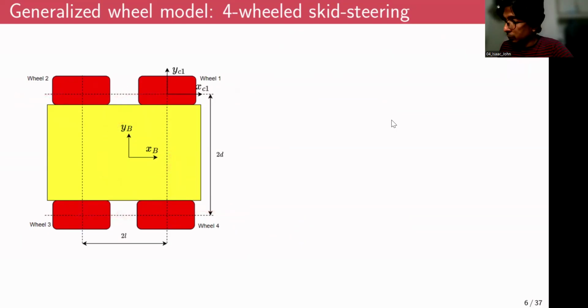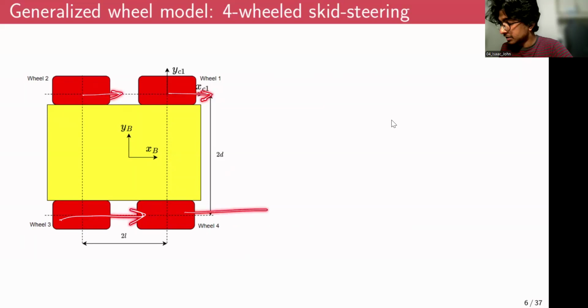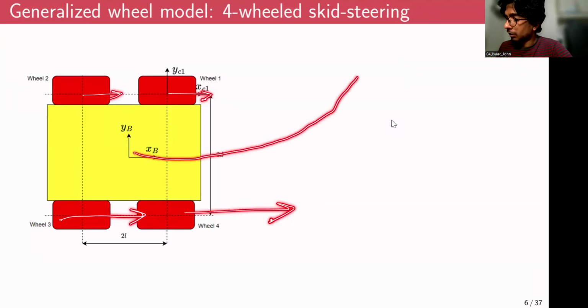And another thing is that if you have a small angular velocity like this for wheels 1 and 2, and a larger angular velocity for wheels 3 and 4, but all the angular velocities are in the same direction, the robot would move something like this. It will take a curve in the counterclockwise sense, but with a finite turning radius, with a larger turning radius.